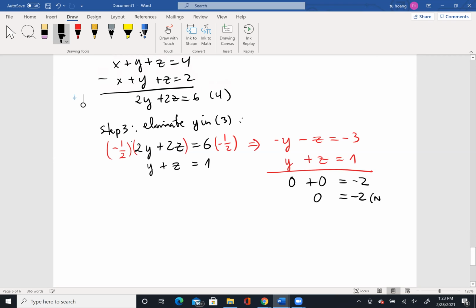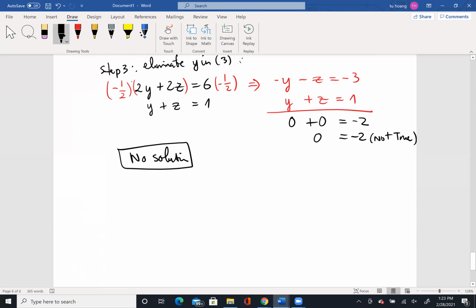Not true. So since it's not a true statement, you're just going to stop here and say no solution for this system. Okay.